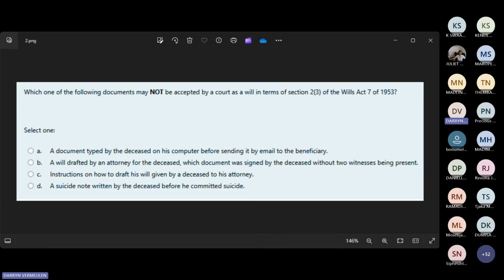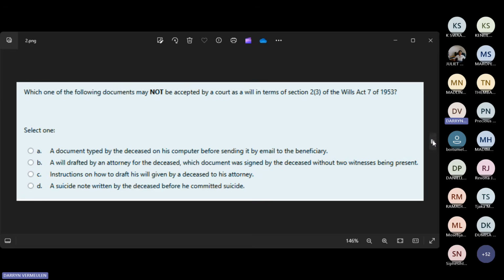It was just a minor defect with regards to the formality, which is the two witnesses, which they'll ask the court to condone because the deceased did sign it. Option D is the suicide note written by the deceased. We're assuming here it's written in his own hand before he committed suicide. So the only option that stands out and doesn't fit with the others is option C, because it specifically says instructions given. There was a case where they said that merely giving instructions to someone doesn't qualify for condonation by the court. So if you get this question or a similar one, just remember that if it says instructions on drafting a will, that doesn't count to be condoned by the court. Make sense?